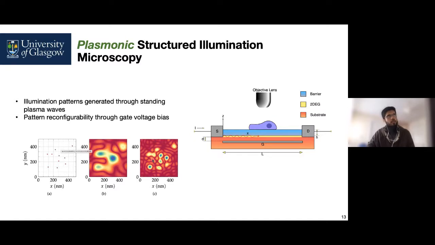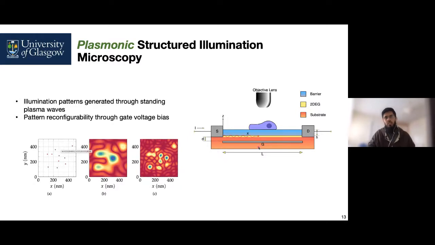With these imaging techniques, the resolution is about 50 nanometers, so we can go down to 50 nanometers easily. Moreover, the illumination that is required to generate the patterns can be easily changed in this configuration by just changing the gate voltage bias.